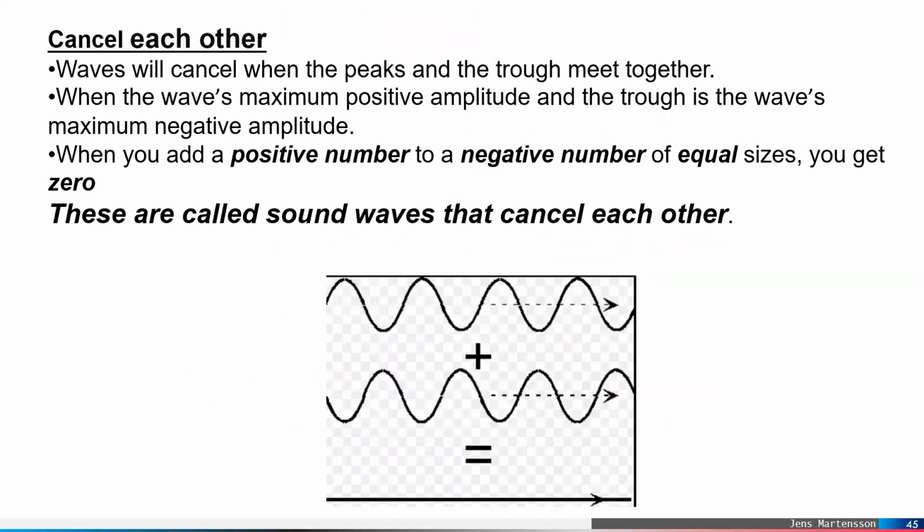The cancellation of the sound wave takes place when the peak and the trough meet together. We call the wave that starts with the crest a positive wave, and we give the other wave a negative sign, and when the positive and negative meet together, the result will be 0. And this is called cancellation of sound waves.